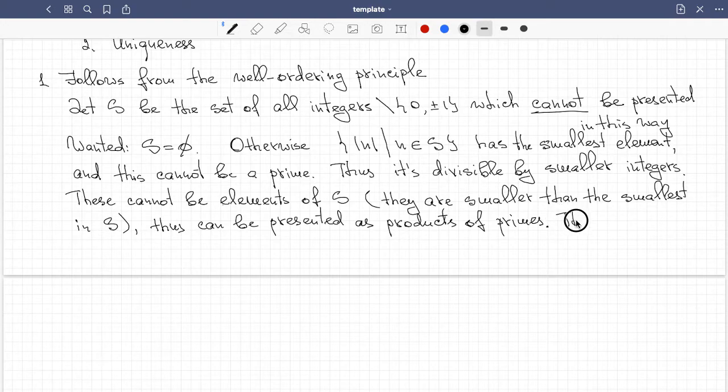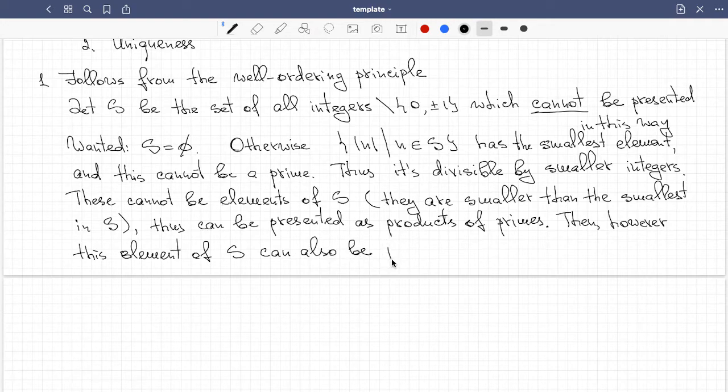Then, however, this element of S can also be presented as a product of primes.